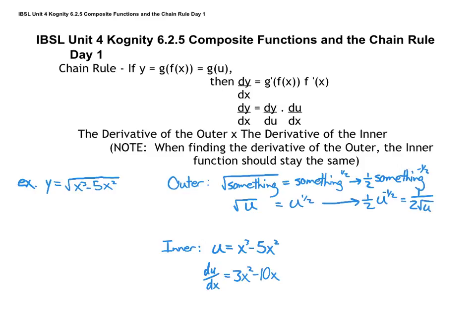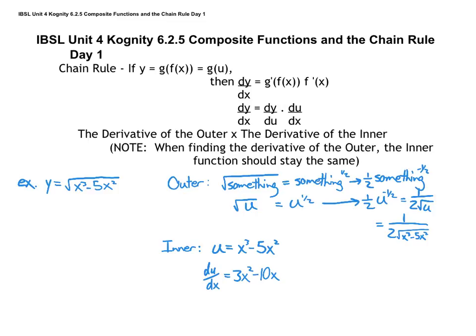I don't want u's in my final answer. I want to have it in terms of x. So this is where I've got to remember, okay, what was u? u is x cubed minus 5x squared.